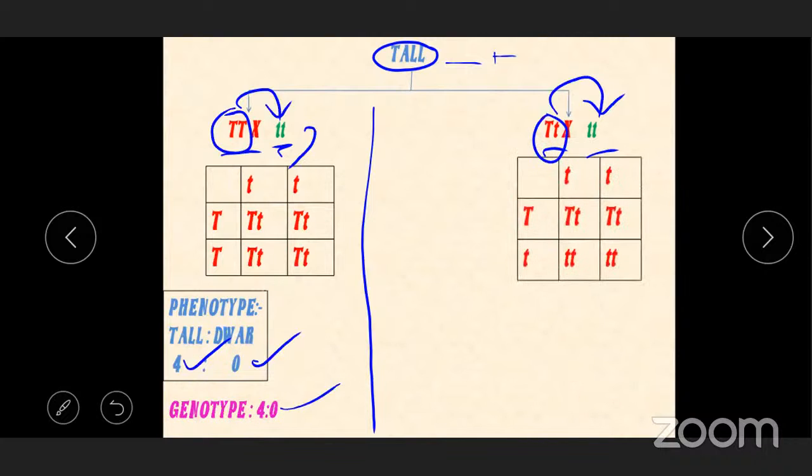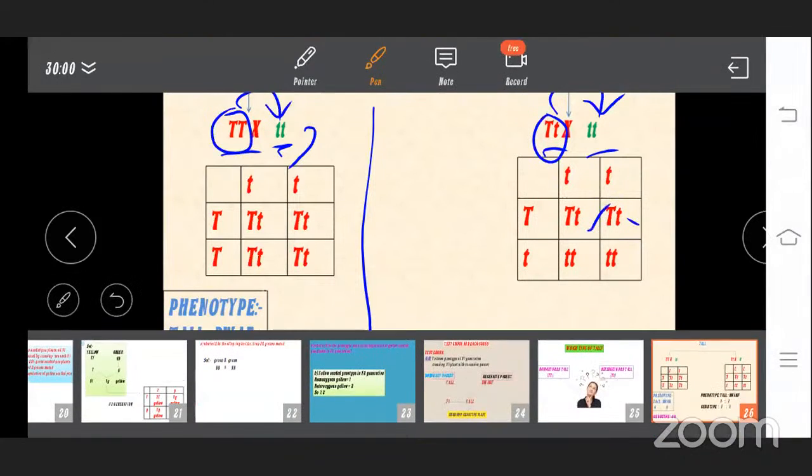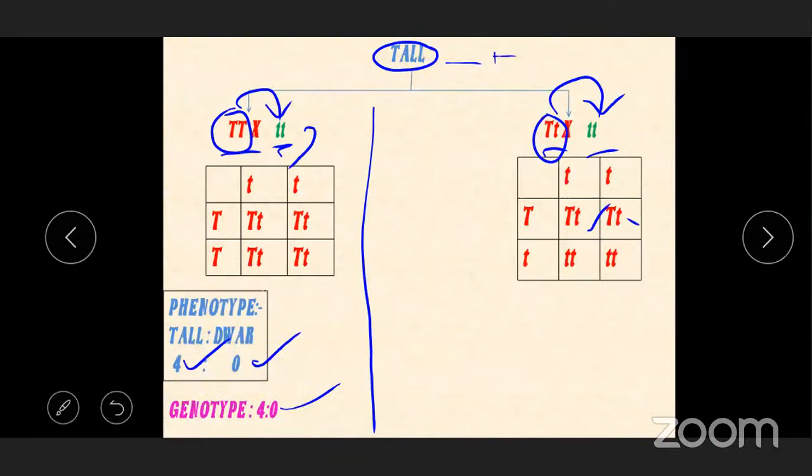Okay, students. In one row, small t, and in the other row, capital T, small t. So let us fill that in: capital T small t, capital T small t, small t small t, small t small t. First one, tall. Second one, tall. Third one, dwarf. Fourth one, dwarf. Tall is to dwarf is equal to how much?